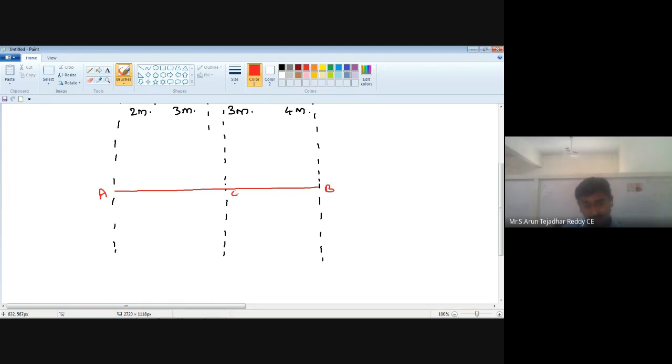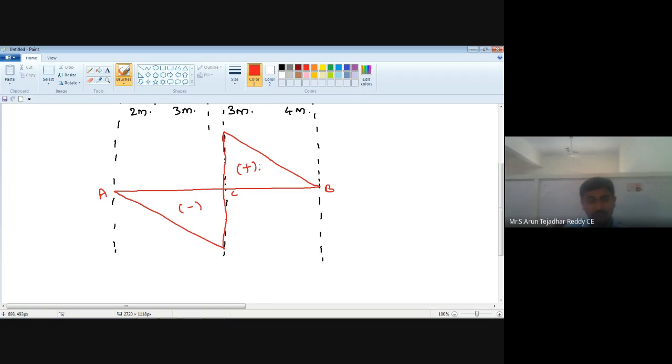Once you can remember your class, see, this is minus value, this is plus. This is our ILD for shear force. Already we have calculated just now.